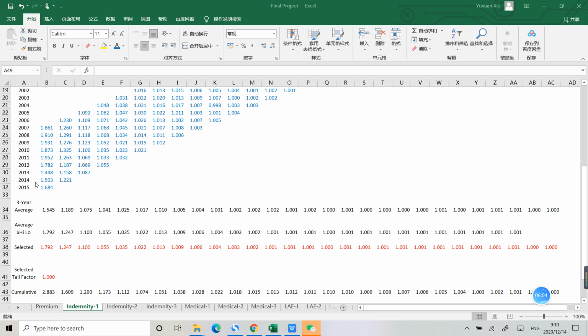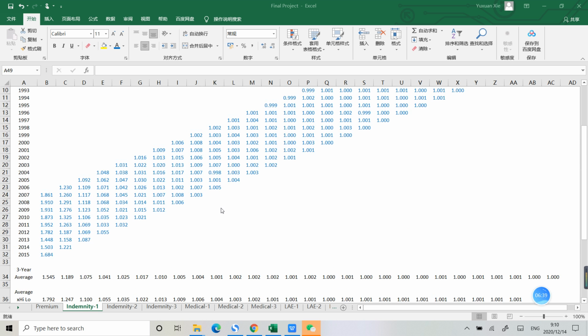These 3 years' numbers are used to calculate the average, which is 1.4545. For the second column we should use 2014, 2013, and 2012 to calculate the 3-year average. So this row all uses the same formula, but only chooses different numbers.